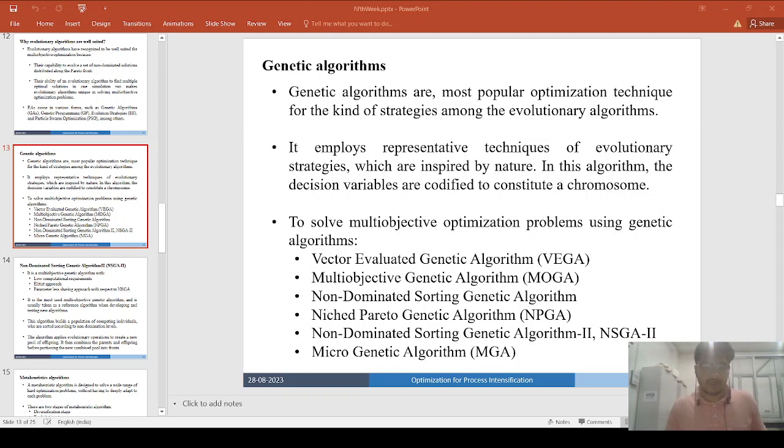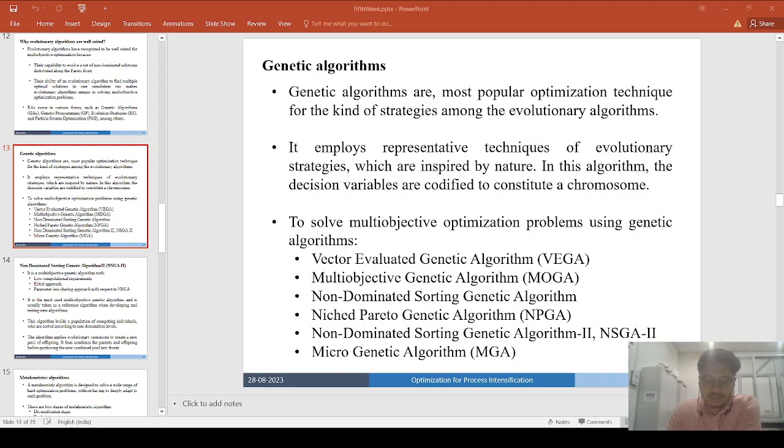Now, to solve a multi-objective optimization problem using genetic algorithms, there are various genetic algorithms available. Those are the vector evaluated genetic algorithm or VEGA, the multi-objective genetic algorithm or MOGA, the non-dominated sorting genetic algorithm, and the niched Pareto genetic algorithm NPGA.